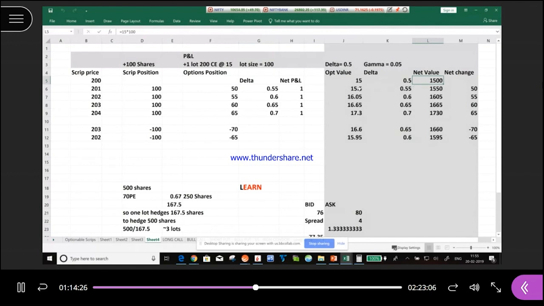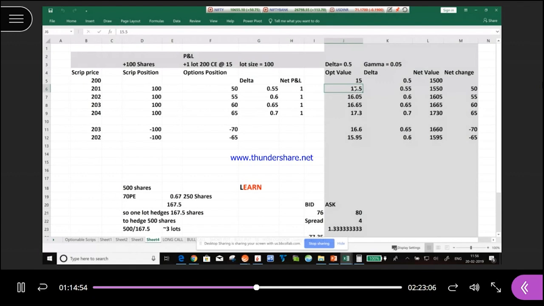Okay, now let's say the underlying moved up from 200 to 201. What is going to be my new options premium? It will go up by the value of delta. 15.5. The initial value of delta is 0.5, so it will go up by 0.5, Deepa, not 0.55.